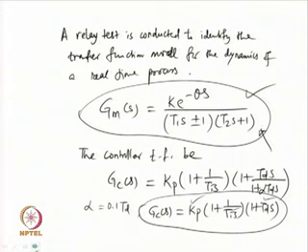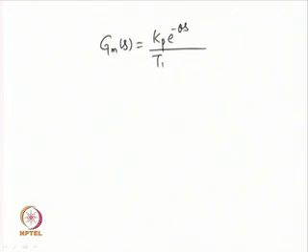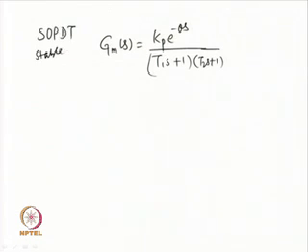So, I will begin with the transfer function model G M s is equal to K e to the power minus theta s upon (T1 s plus 1) times (T2 s plus 1). So, we consider a second order plus dead time stable transfer function model.